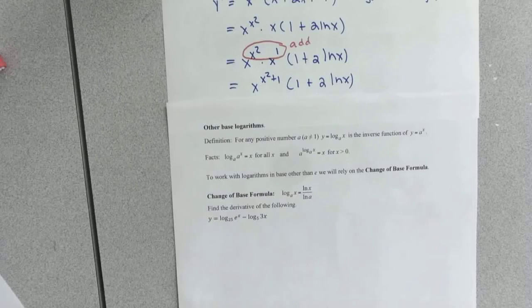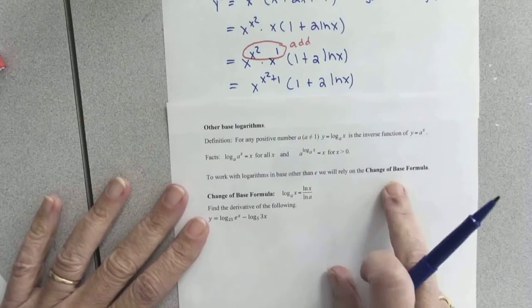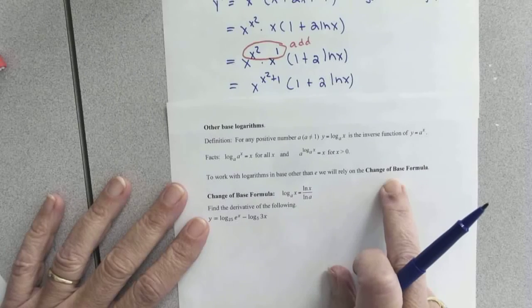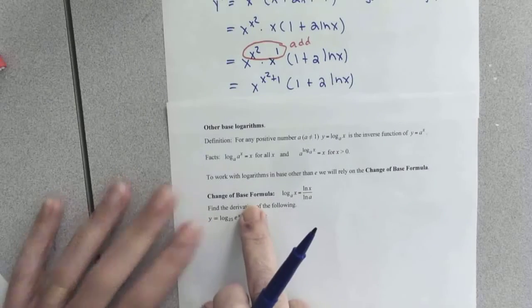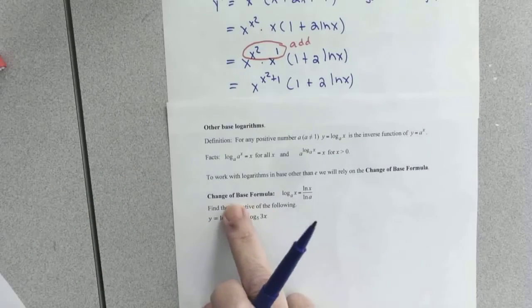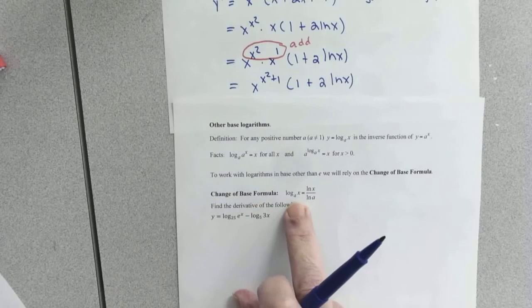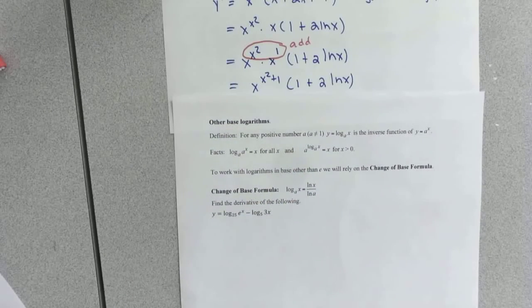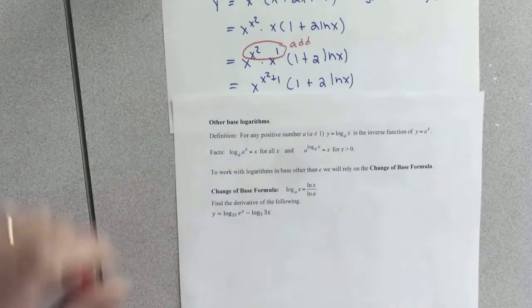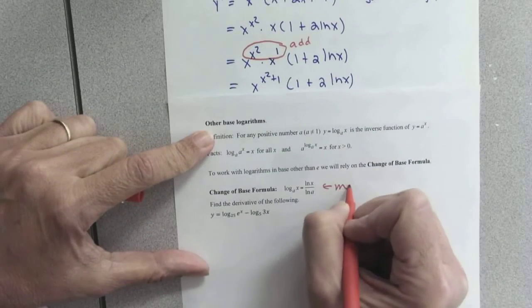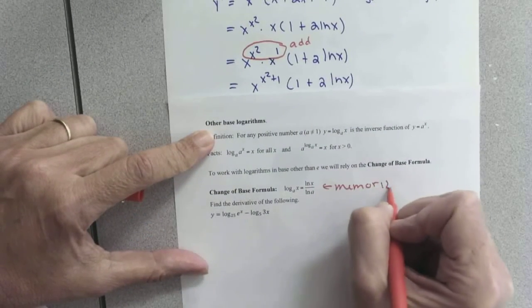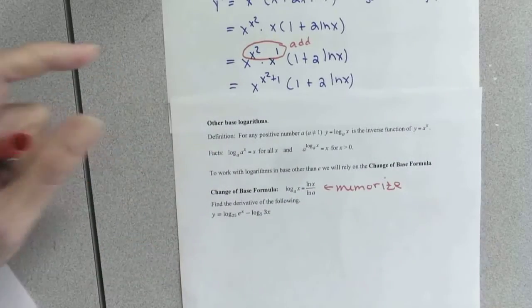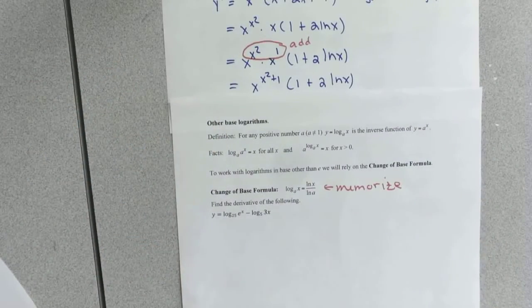Now, like I said, we can learn specific calculus formulas, but I think that's the hard way. We're going to just use an algebra formula, the change of base formula. Log base a of x is equal to the natural log of x over the natural log of a. And you should memorize that, because that is the way we're going to go about doing logarithms of other bases.